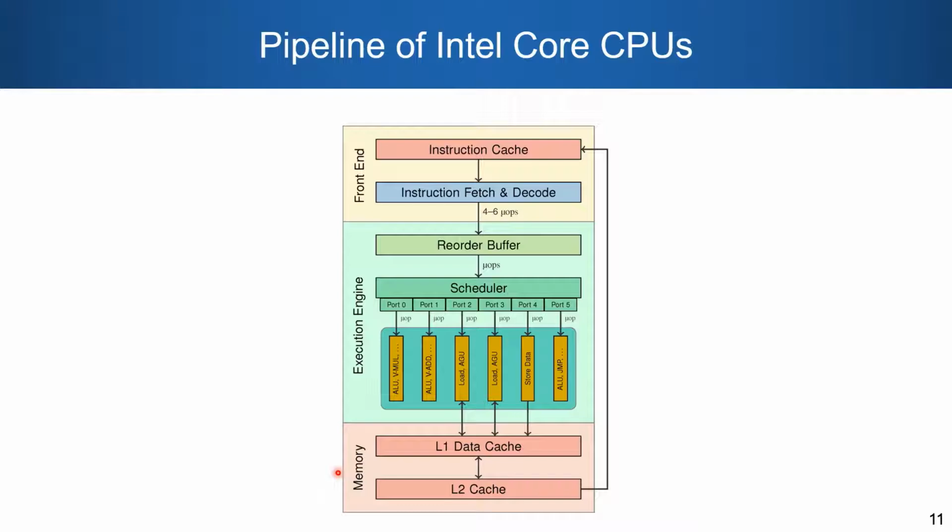So let's say that we have two instructions, I1 and I2, that we would like to execute. The front end will then fetch them from the memory and send them to the decoders. The decoders decode the instructions into one or more microops. Recent CPUs don't actually execute the instructions directly, but they execute simpler micro-operations instead.